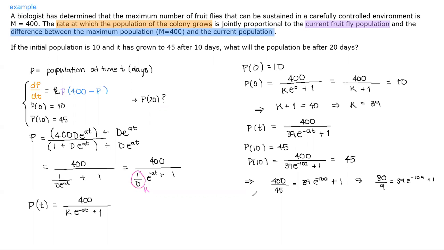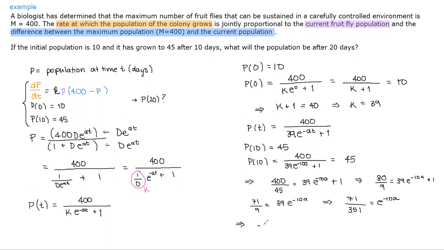Now, if I solve for a, I'm going to get 80 over 9 minus 1, which is 71 over 9, is equal to 39 e to the minus 10a, which means that 71 divided by 9 times 39, so 71 over 351, is equal to e to the minus 10a.